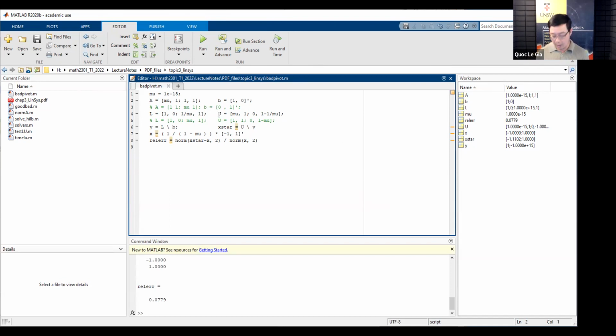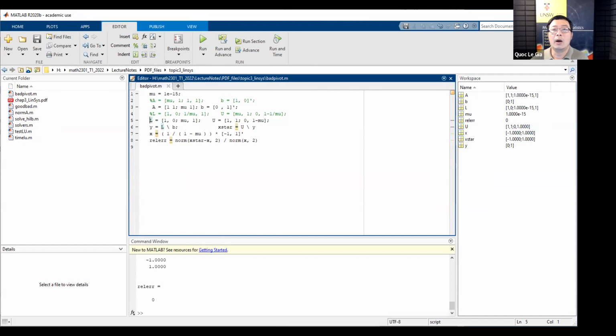This one is the original matrix, and then I swap and run it again. The relative error is equal to 0. So you see that if I swap the first and the second rows, the relative error is reduced from 7% to 0. There's a difference.